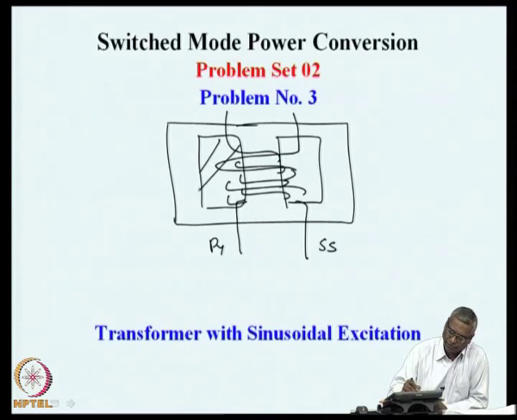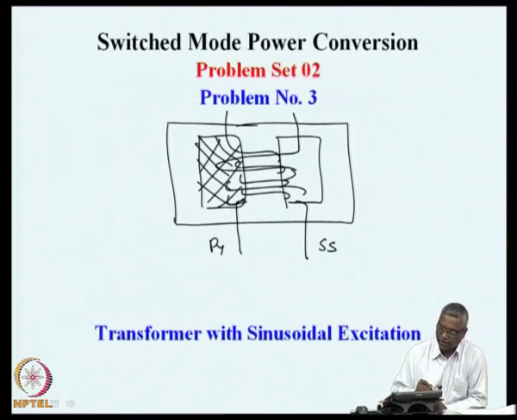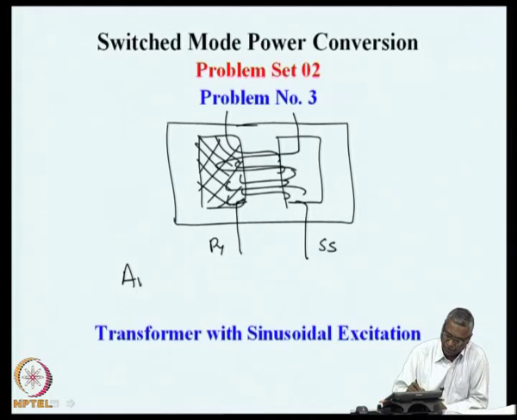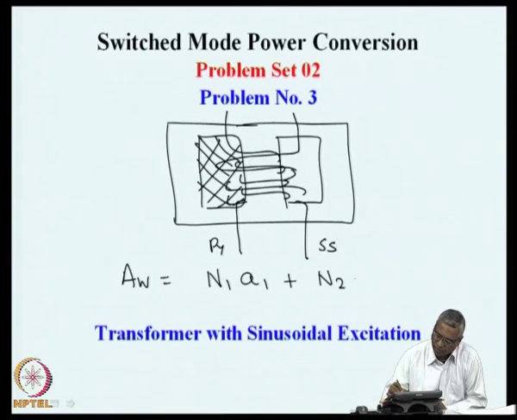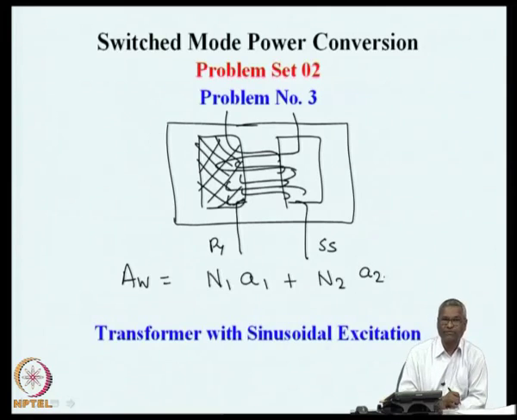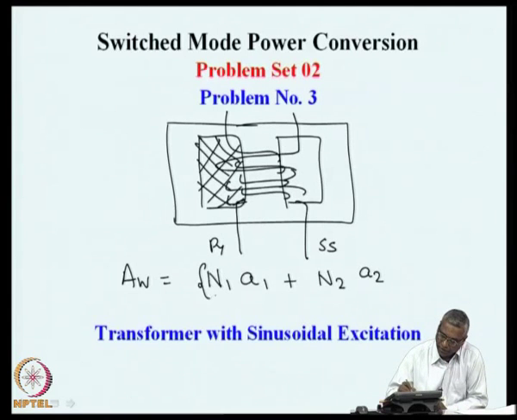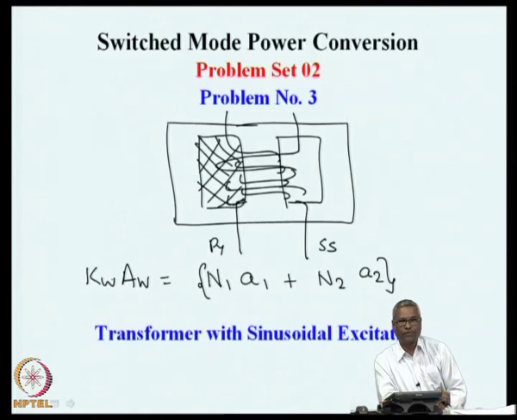So, the area of the window in which the winding is organized is the window area, and that has the primary turns multiplied by the area of cross section of the primary conductors plus secondary turns multiplied by the area of cross section of the secondary conductors. This is the total copper area, but only a fraction of the window is utilized for this.